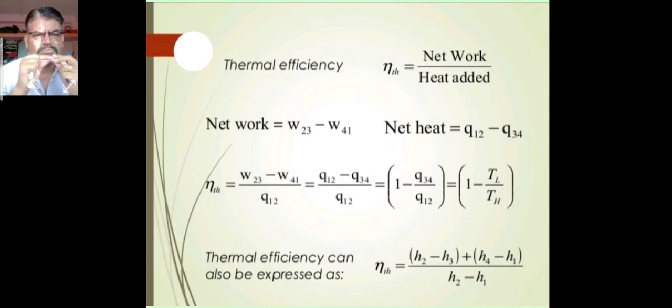Thermal efficiency in terms of enthalpy can be expressed as H2 minus H3, so in between 2 and 3, higher enthalpy minus lower enthalpy, plus in between 4 to 1 there is the pump, so H4 minus H1, divided by heat supplied, that is H2 minus H1. So that is how thermal efficiency can be calculated, both in terms of temperature and in terms of enthalpy.